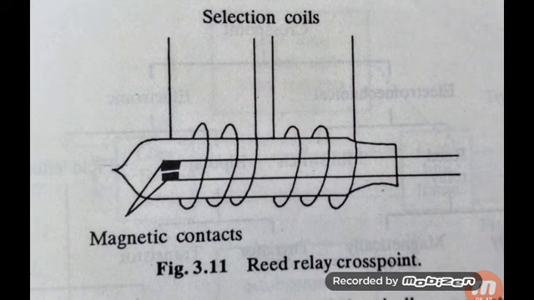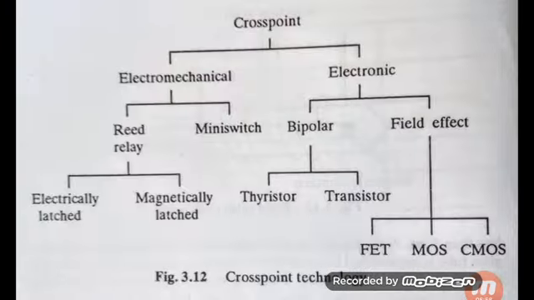Here these are the track lines, magnetic contact or selection lines. This is the reed relay crosspoint. Already, electromechanical is classified into reed relay and mini switch.